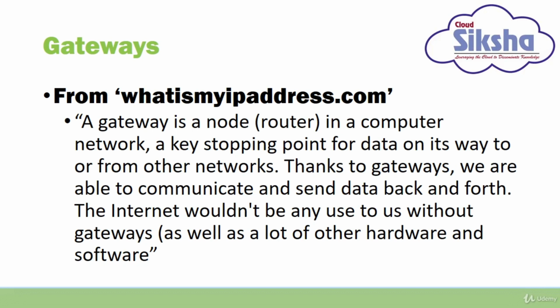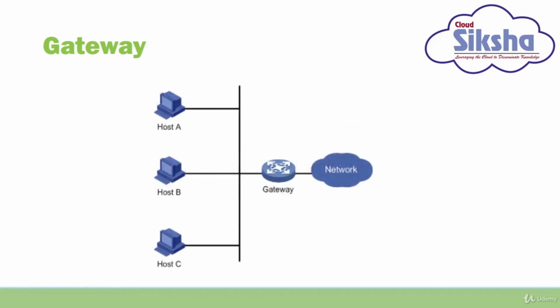And in the case of Amazon, when we do the VPC, you will find there's something called an internet gateway. Then you will understand why there's a need to connect an internet gateway, because that's what will help you go out to the internet. This is a simple diagram which gives you an idea of what a gateway is. So you have multiple hosts and there's a gateway, and that gateway allows you to access a different network.